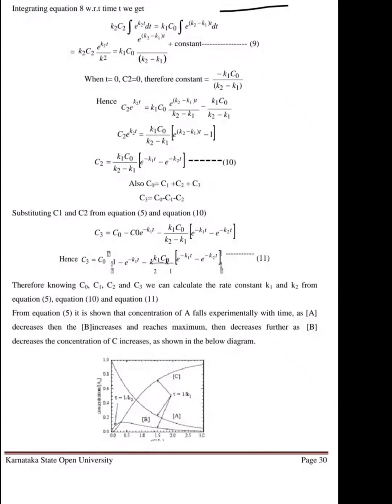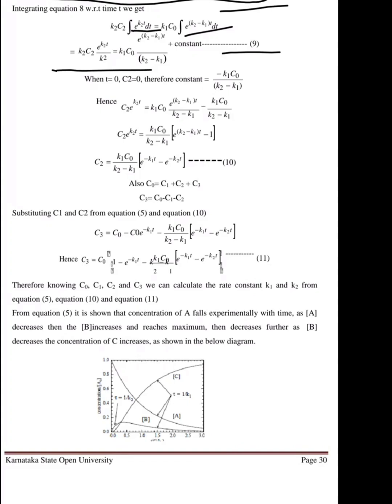Further integrating with respect to t, we get K2 into C2 integral of e to the power of K2 t dt, and on the right hand side K1 into C naught integral of e to the power of K2 minus K1 t dt, plus a constant.